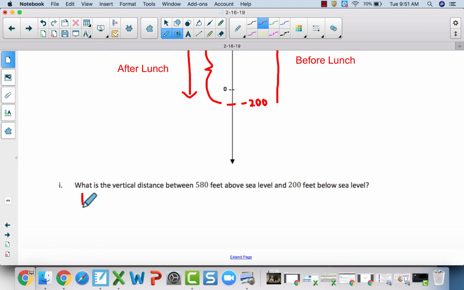So we're going to do 580, which is our p-value. That's our initial number. And we are going to subtract the negative 200, because negative 200 is our second value, and we know we need to find the difference, which deals with subtraction. Now, these two negatives back to back will make a positive, so you're basically at 580 plus 200.